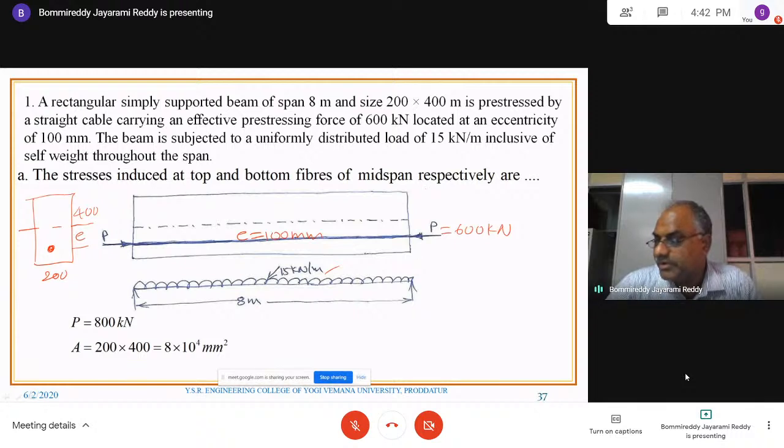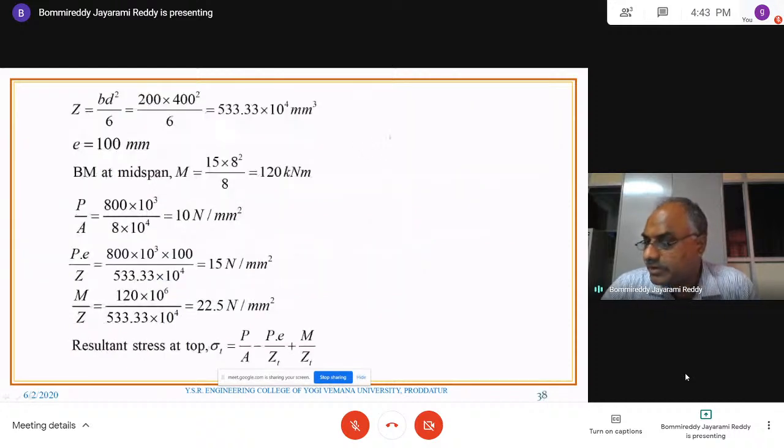So, what is the question? At midspan, what is the stress at top? What is the stress at bottom? This is the question asked. And you know the usual procedure, you just go through it. What are the terms? You need to find P by A, P e by Z, and also M by Z. For this, what are the requirements?